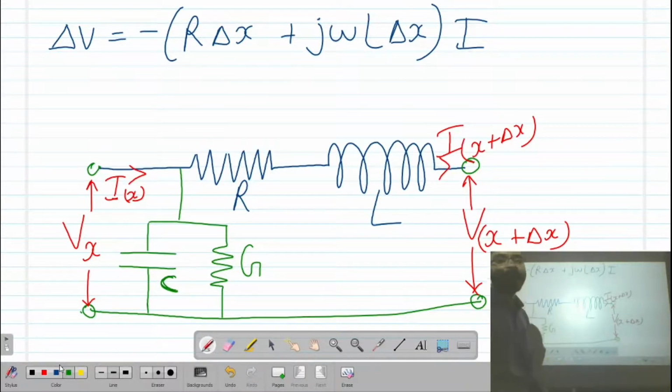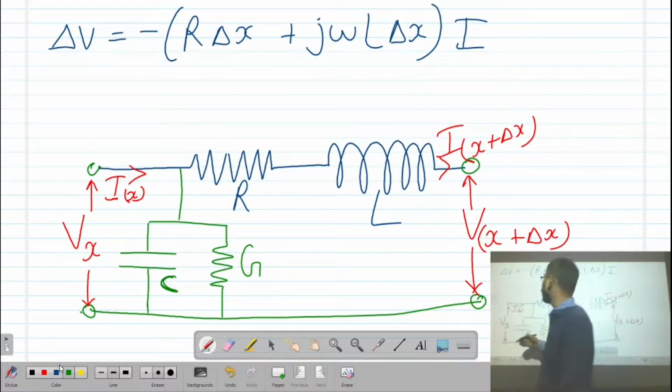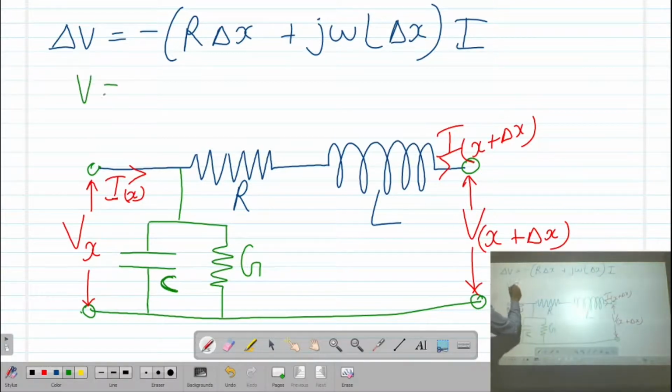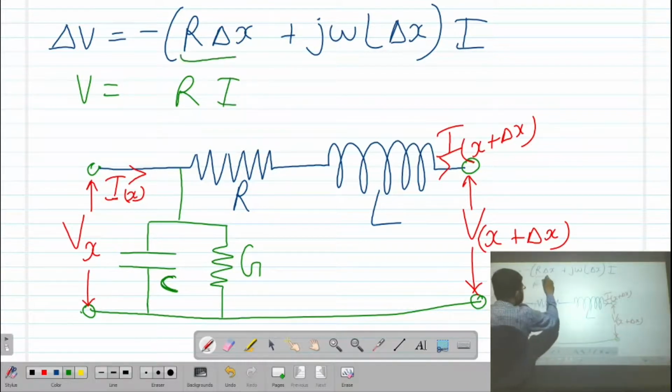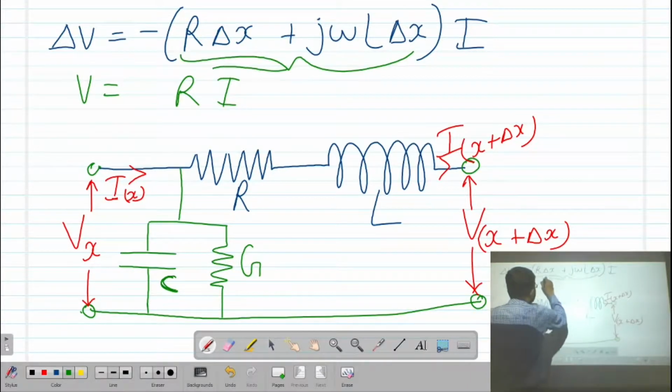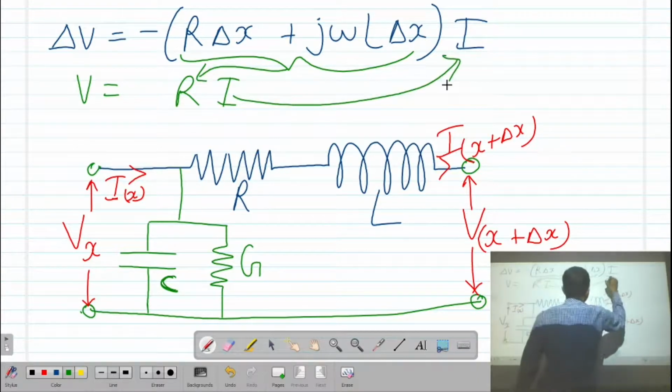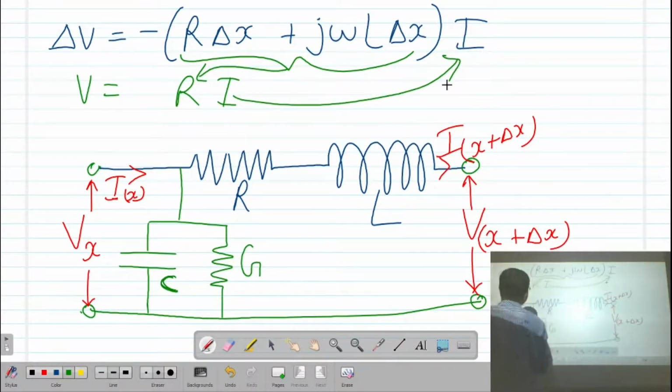V is equal to IR. This is the simplest formula. So this term is R and this term is I. Now from where does the R come?